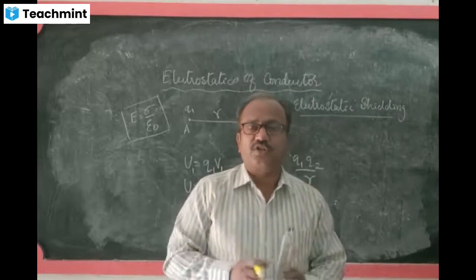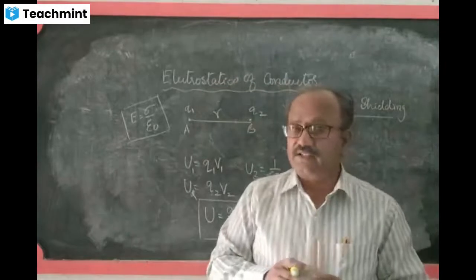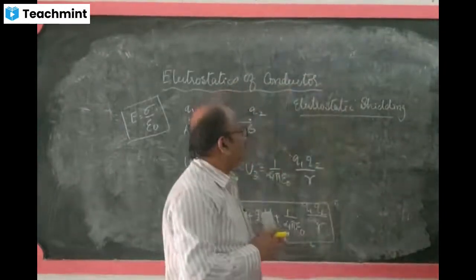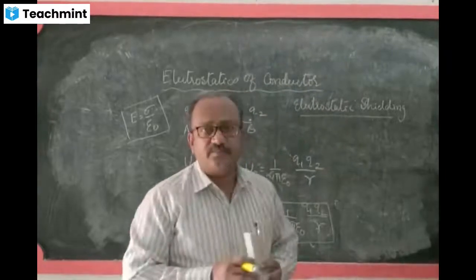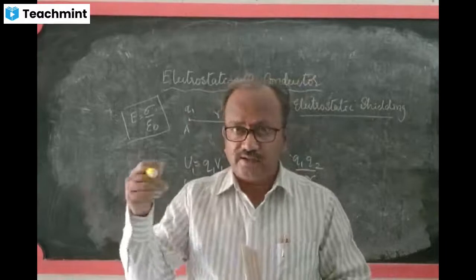It is some protection for the conductor from the external electric field. That is called electrostatic shielding. For example, if you take wires, a wire is coated with plastic, and inside that there is copper metal.